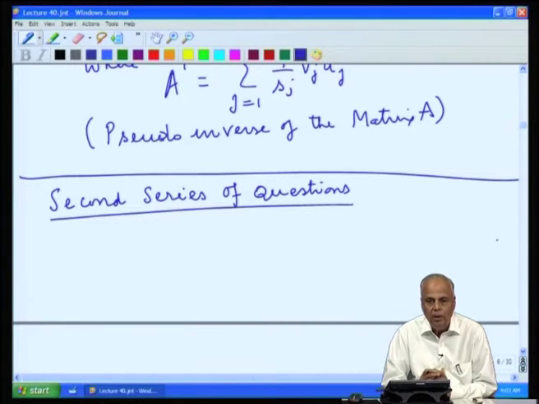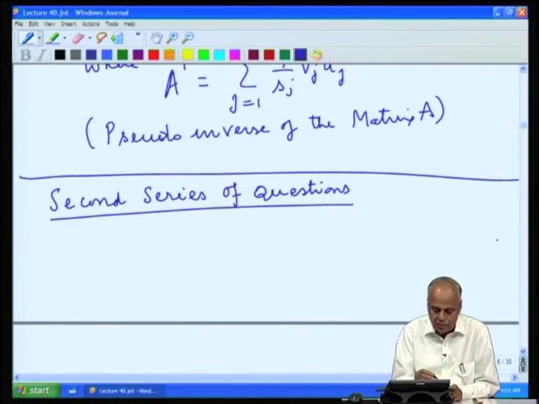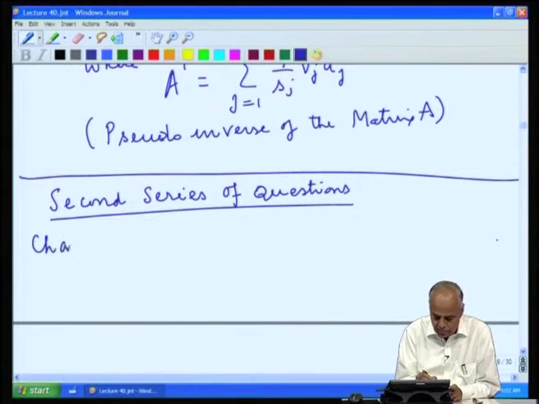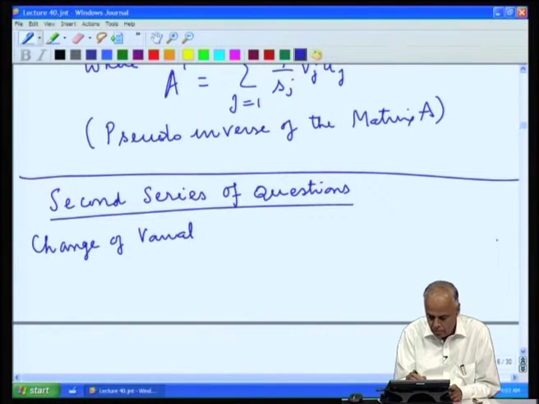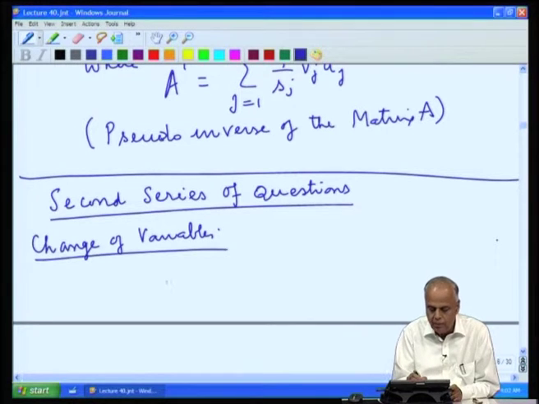This involved the change of variables. For example, we had A x equal to b.